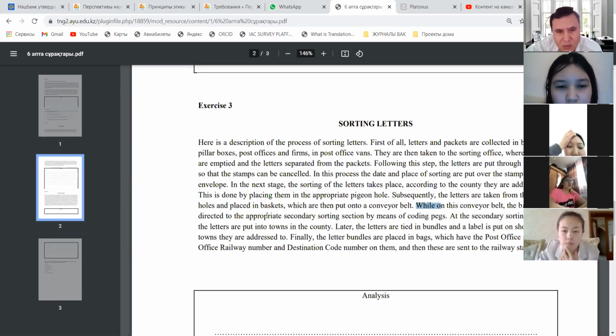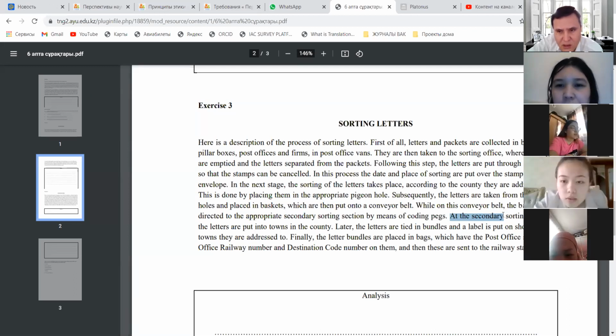Are directed to the appropriate secondary sorting section by means of coding. At the secondary sorting frames. Is it a step? No, next sentence. Yes, seven, but eight. Seven or eight? Eight.